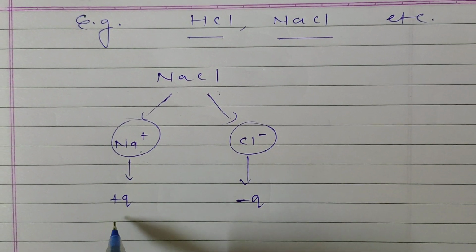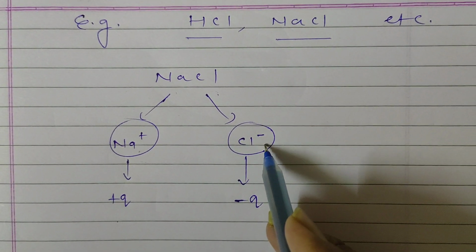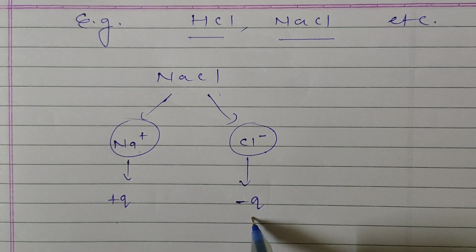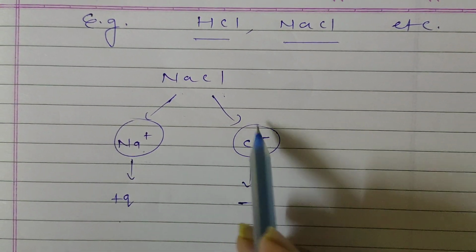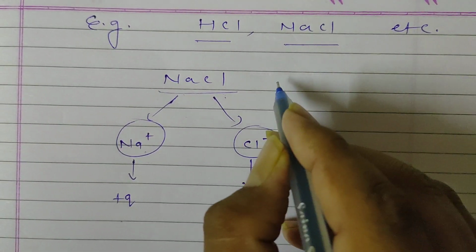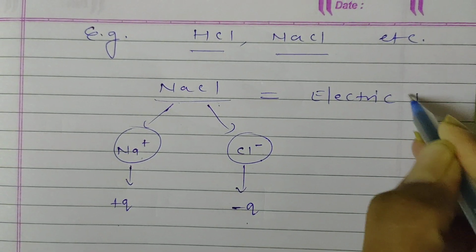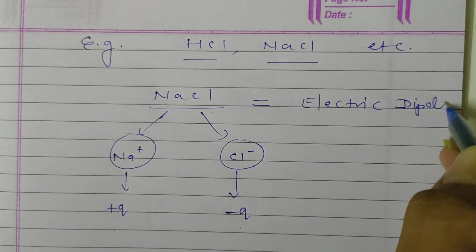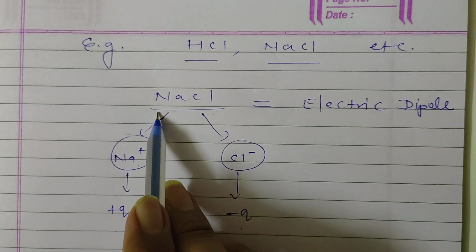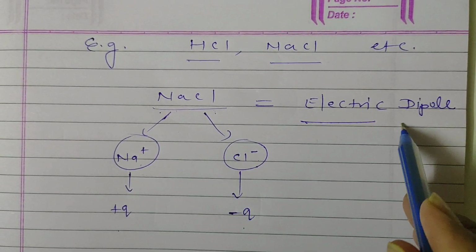So Na has plus q amount of charge and Cl has minus q amount of charge. So NaCl becomes one kind of electric dipole.